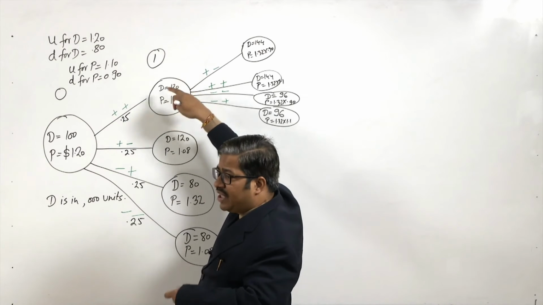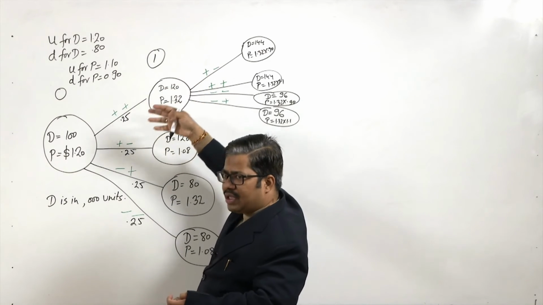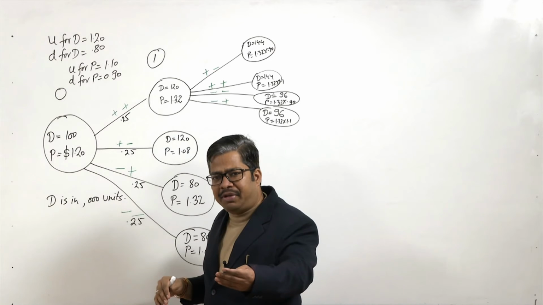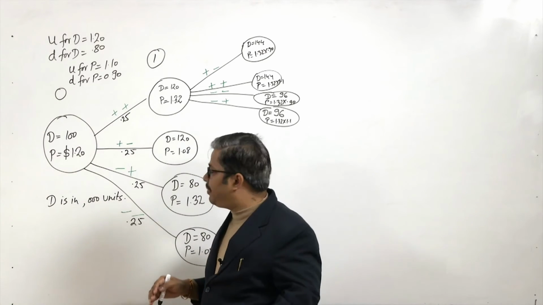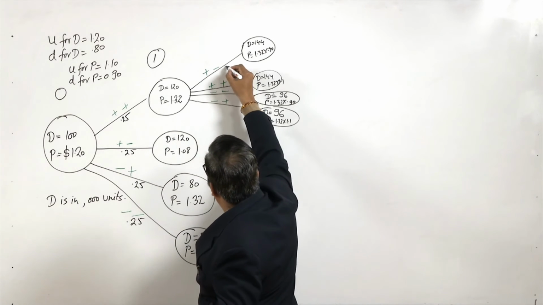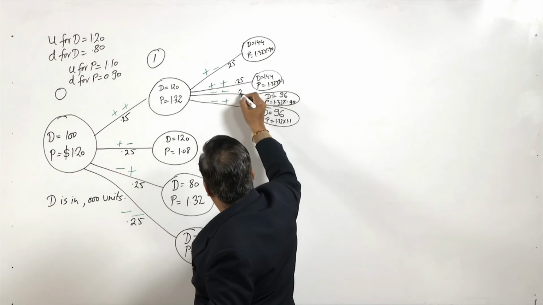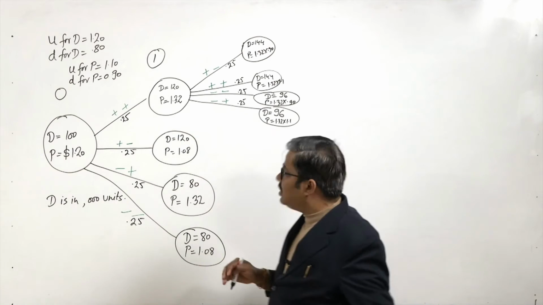And again we need to have the transition probabilities. Chances of increasing the demand 50%, chances of decreasing the demand 50%, chances of increasing the price 50%, chances of decreasing the price 50%. So, again the transition probabilities are 0.25 for all these 4 states in period 2.